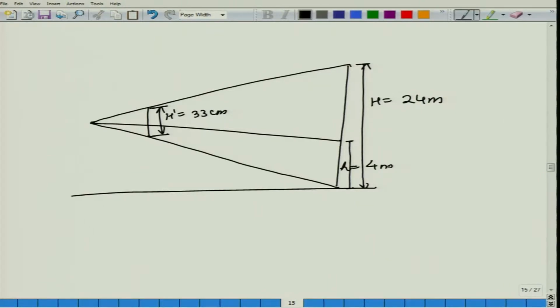So, it is not 3.6 in this case, it is 4 meters. We need to figure out this length, or h prime is equal to question mark.